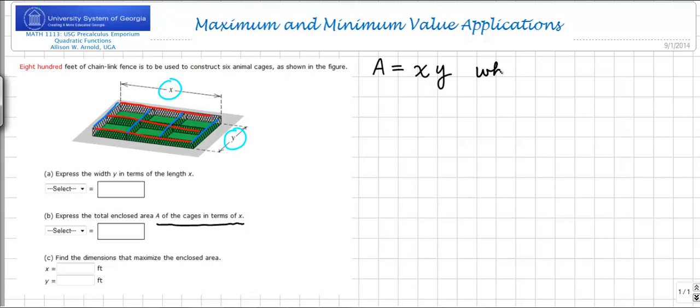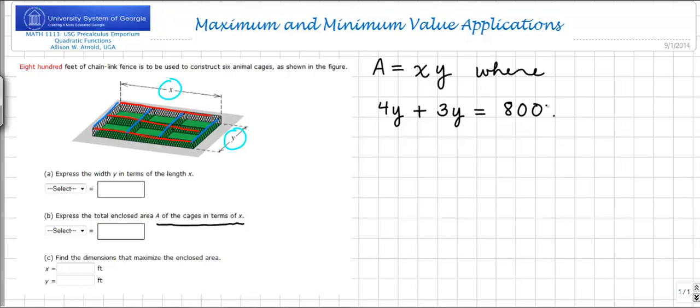The other thing I notice is that there are 4 standard height lengths of fence that are each Y feet wide, and 3 of them are X feet long, and that is supposed to total 800 linear feet of fence.